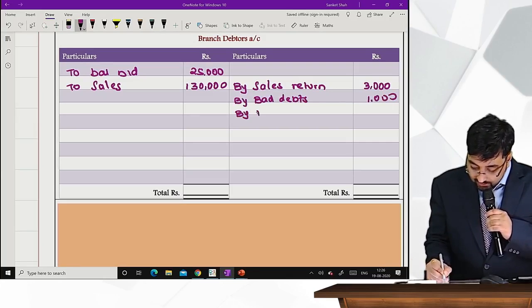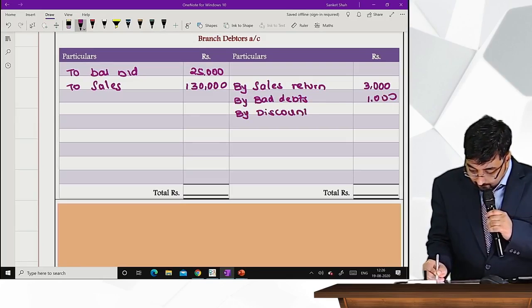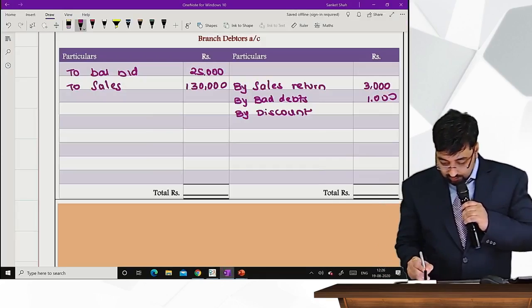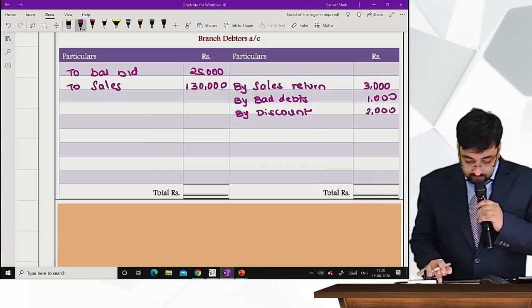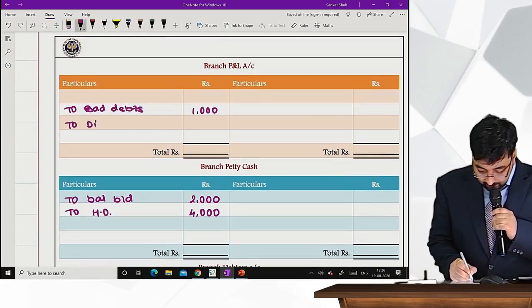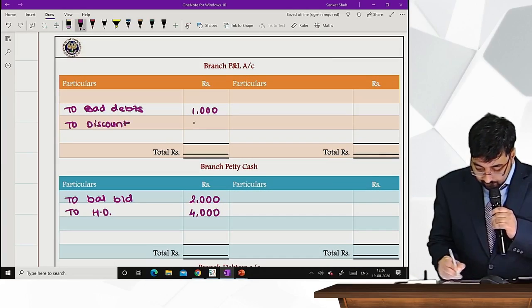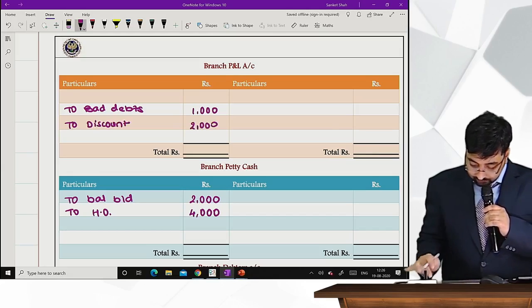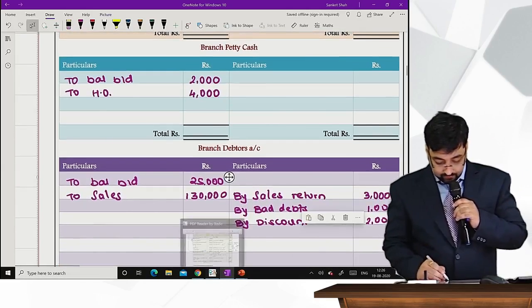Similarly, we'll write by discount. By discount is rupees 2,000. And second effect is in branch P&L account. To discount is rupees 2,000. Okay.